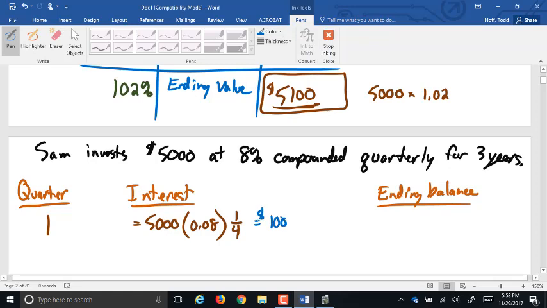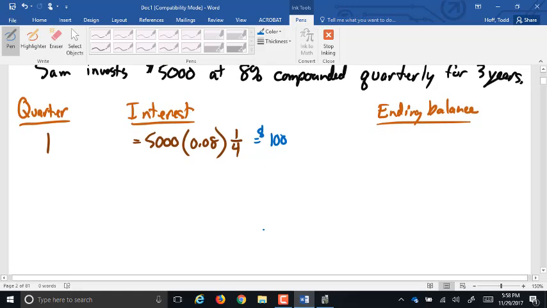Does that look right? So that means the ending balance is $5,100.